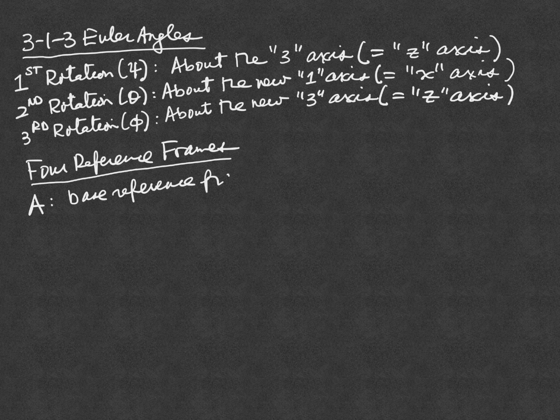And what that means is that it's the reference frame from which all the rotations start. And it's going to have an associated basis, which will be called A1, A2, A3.